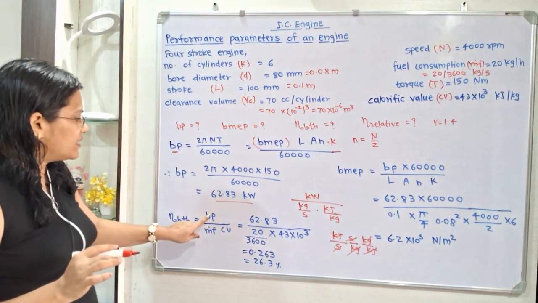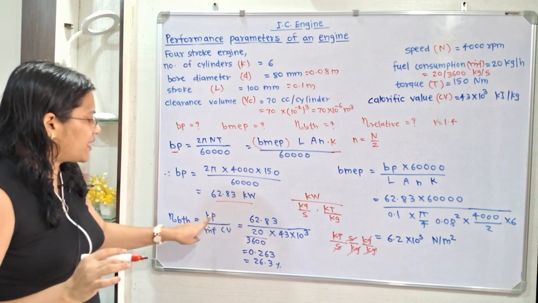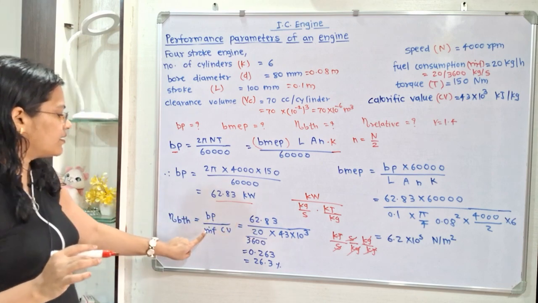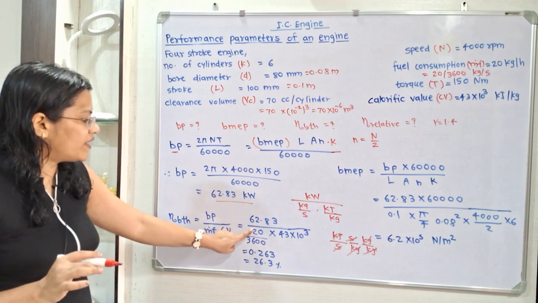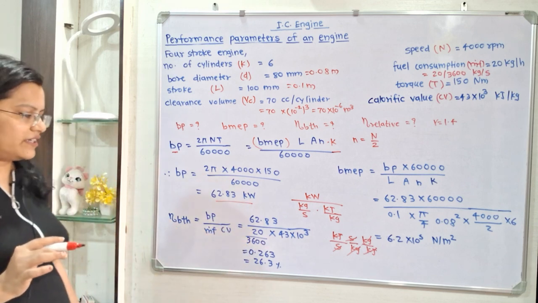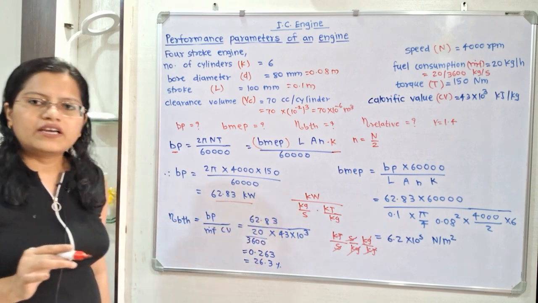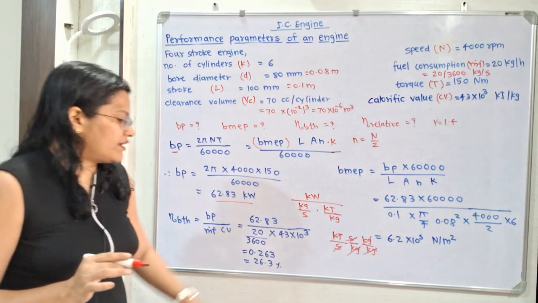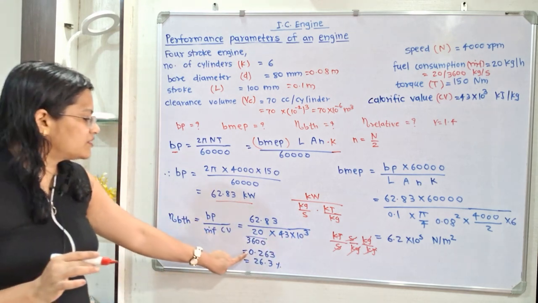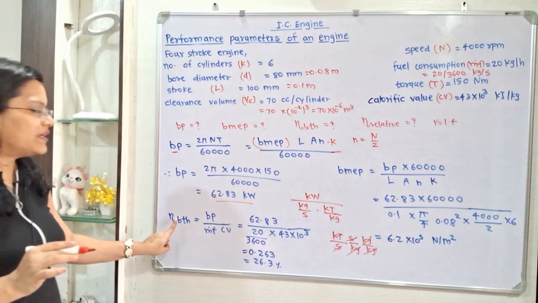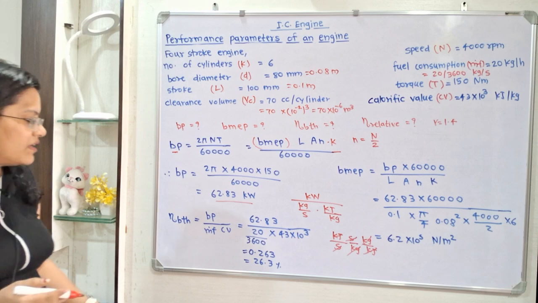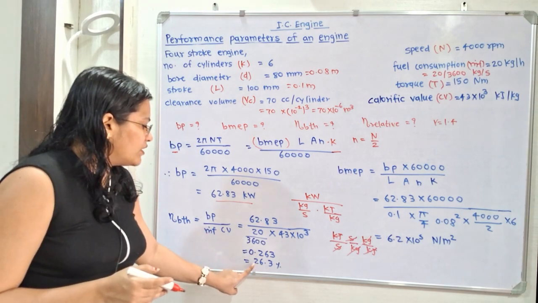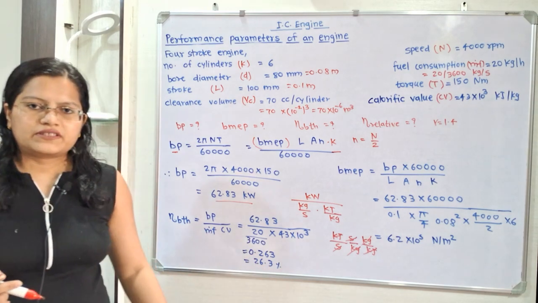So now we will put the value: brake power 62.83, mass flow rate of the fuel 20 by 3600, so we use the standard unit kilogram per second, and calorific value 43 into 10 raised to 3. So its answer is 0.263, but this is the efficiency, so we multiply with 100. So it is equal to 26.3%.